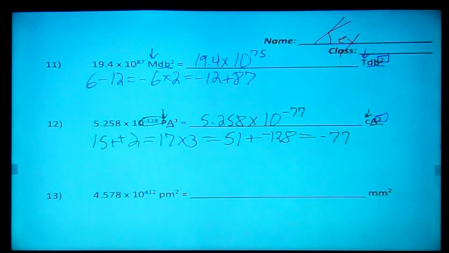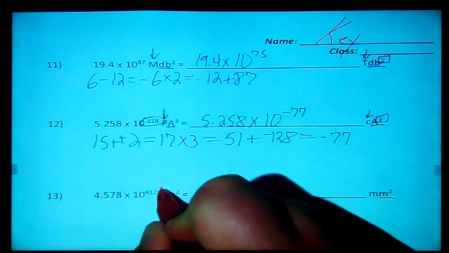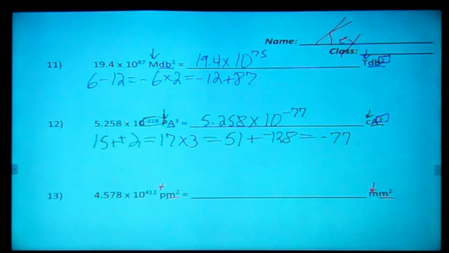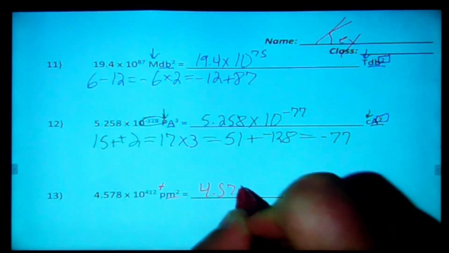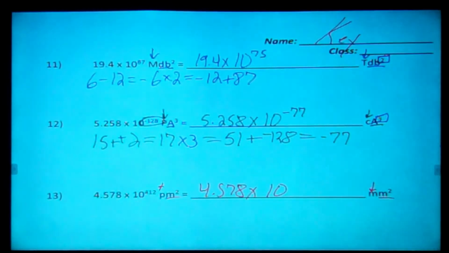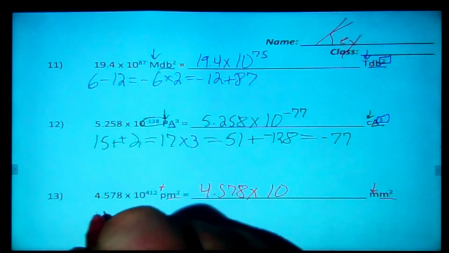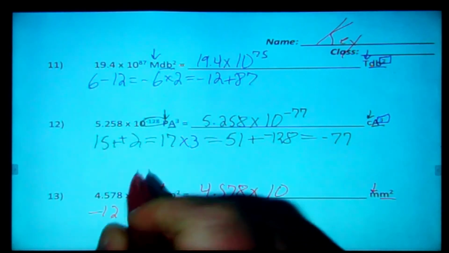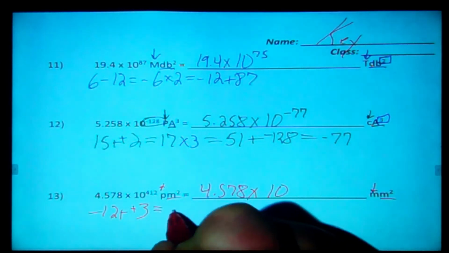Going to number 13. Number 13, picking up the pace a little bit. M's are same, P and M, so pico and milli. Write my number down. So pico is 10 to the negative 12. Milli is 10 to the negative 3, so minus negative 3, the same as adding a positive 3, gives me negative 9.